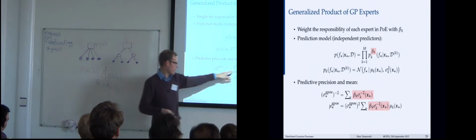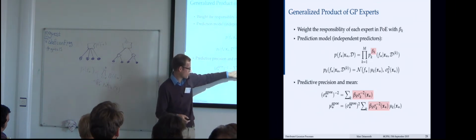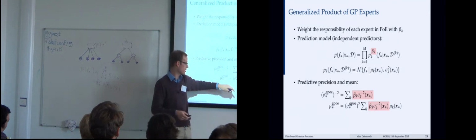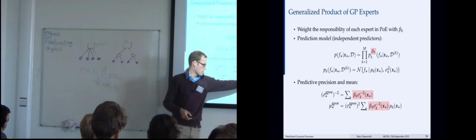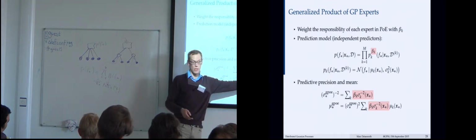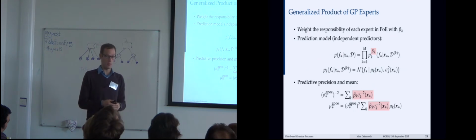And the equations for the precision change a little bit by scaling each individual precision with this beta k factor. And the same term appears also here when we scale each mean. So it's a similar update to the product of experts model.